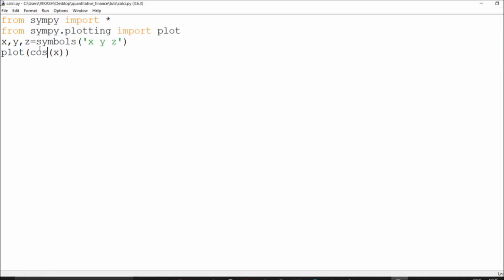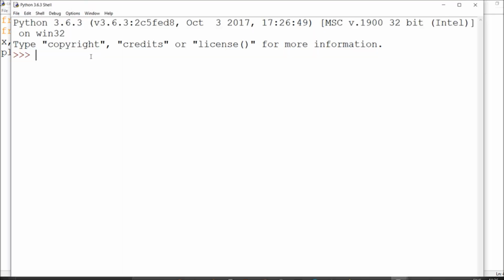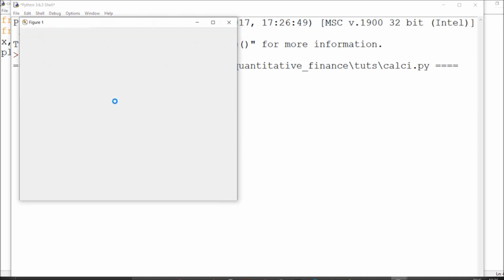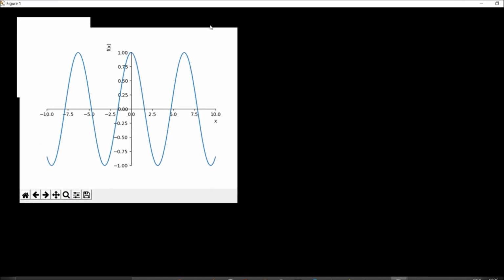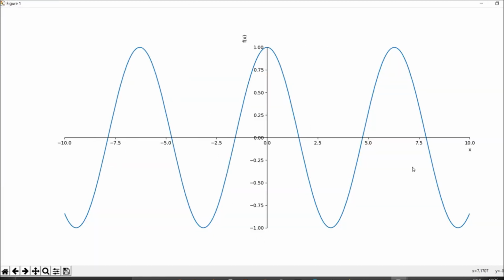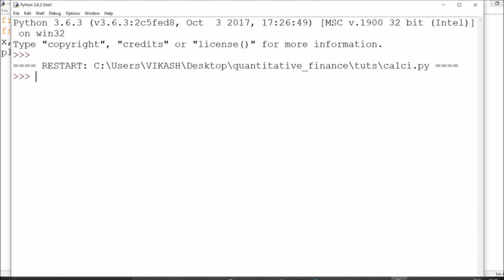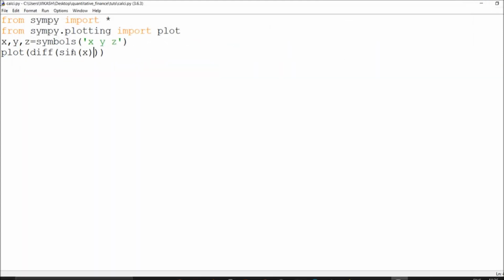If I differentiate this sin x, we will definitely get cos x itself. If I plot the cos x graph that you already saw, and I differentiate, we'll get the same cos x. So you get to know that the differentiation of sin x is cos x.